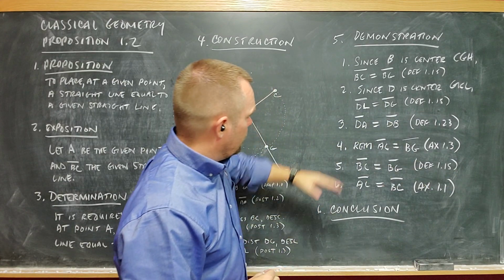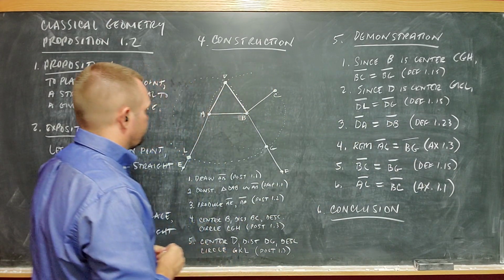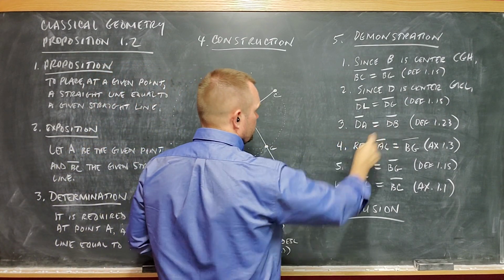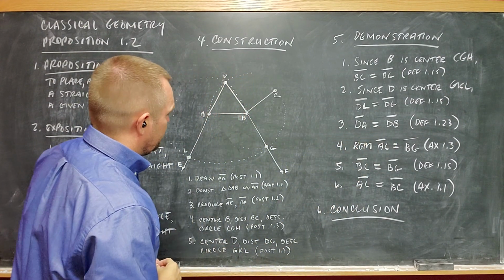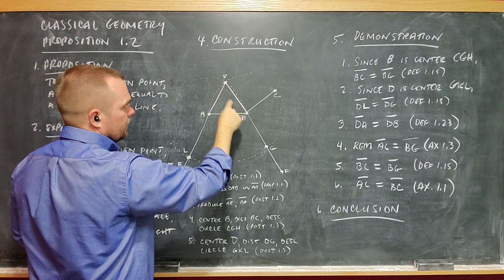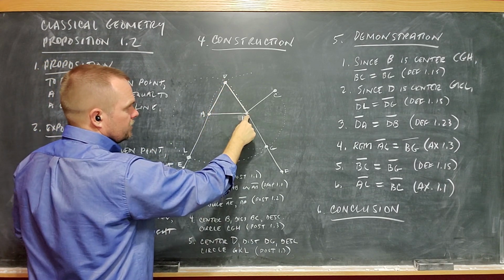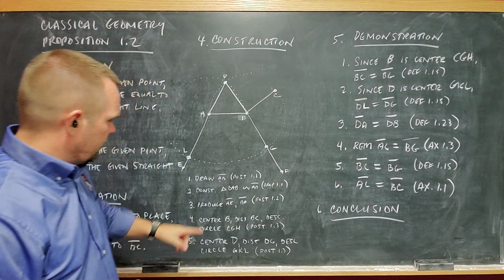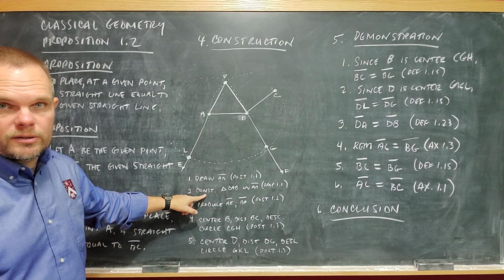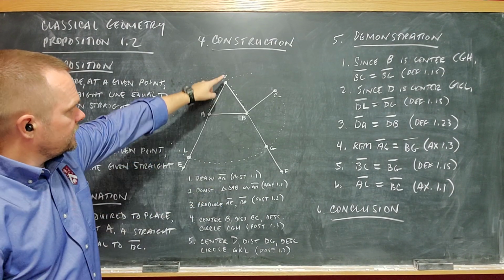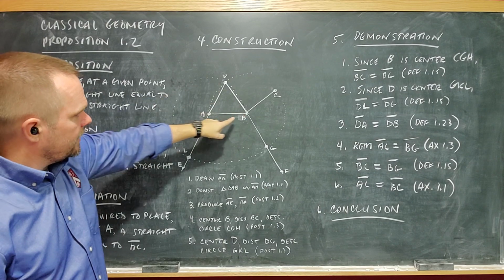Third point, line DA is equal to line DB. Here's line DA, here's line DB. These are two sides of the equilateral triangle that we constructed in the second step of our construction. We drew an equilateral triangle DAB on line AB.